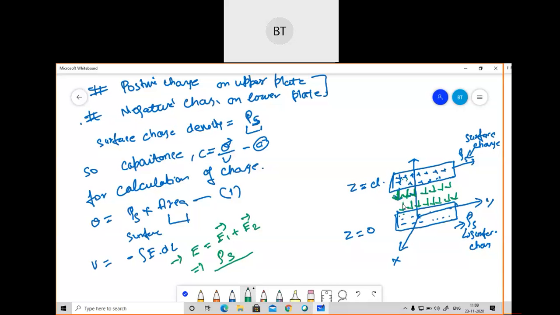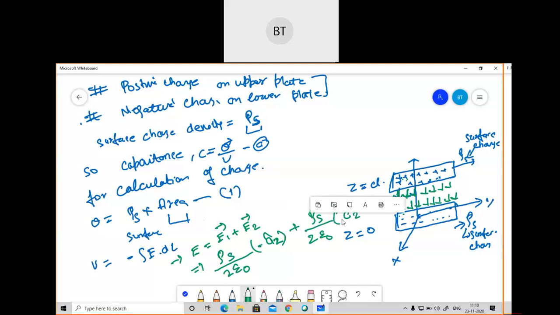For the E1 vector, I'm writing rho s by 2 epsilon naught into minus a cap z, because since it is moving away from the positive charge, as you can see in the figure, I have substituted the minus sign. For E2, I'll write rho s upon 2 epsilon naught into a cap z.